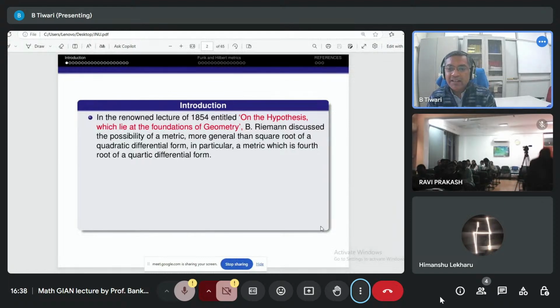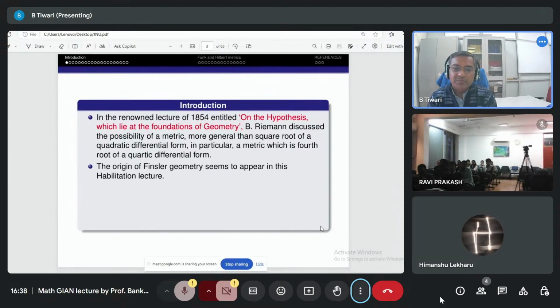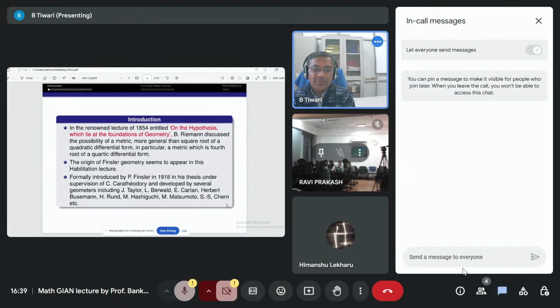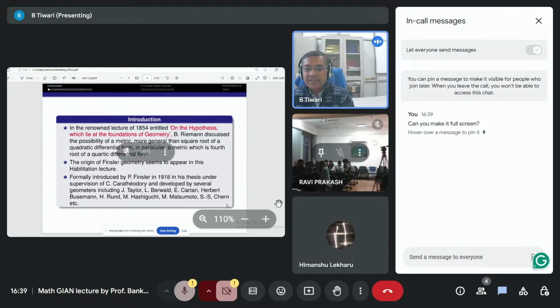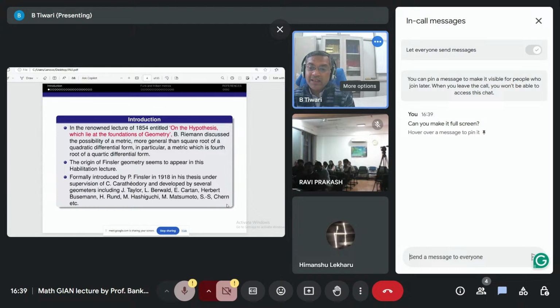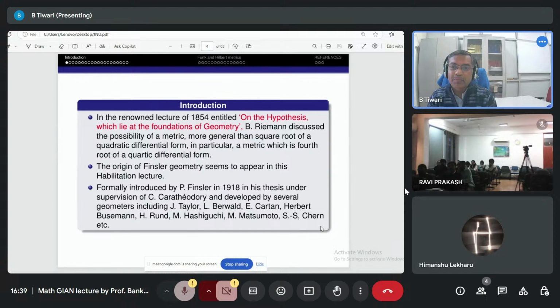In particular, a metric which is the fourth root of a quadratic differential form. The origin of Finsler geometry seems to appear in this habilitation lecture. Formally, it was introduced by Finsler in 1918 in his thesis under the supervision of Carathéodory, and developed by several geometers like Taylor, Berwald, Cartan, Busemann, Shibata, Matsumoto, and towards the end of the previous century by S.S. Chern. And still, it's going on.